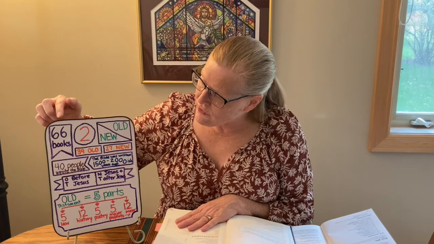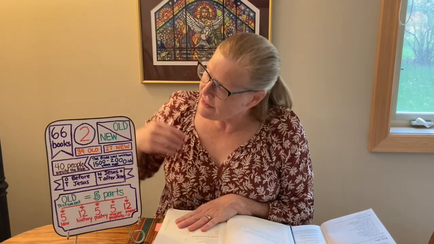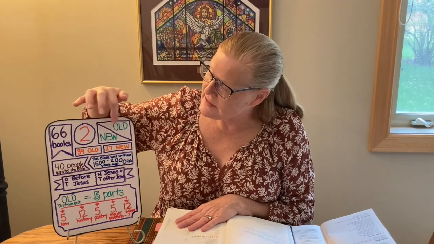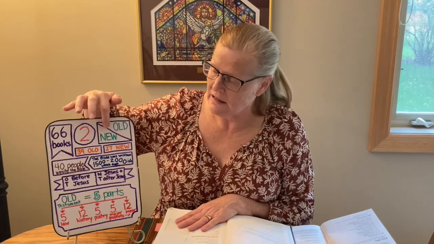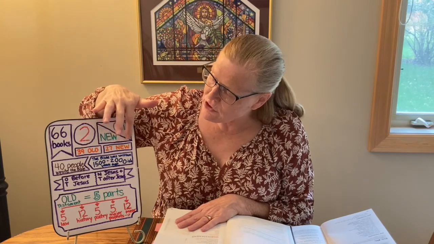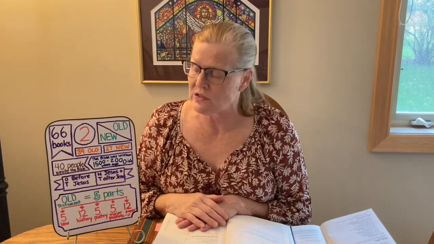So over here in the corner, you see there are 66 books in the Bible total. That is made up of two testaments, the Old Testament and the New Testament. The Old Testament has 39 books. The New Testament has 27 books. So 39 plus 27 is the 66 books in the Bible.